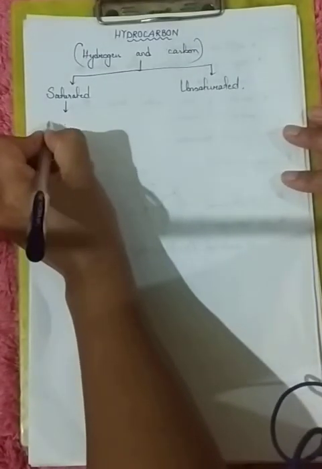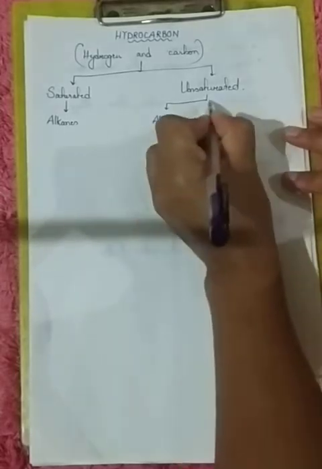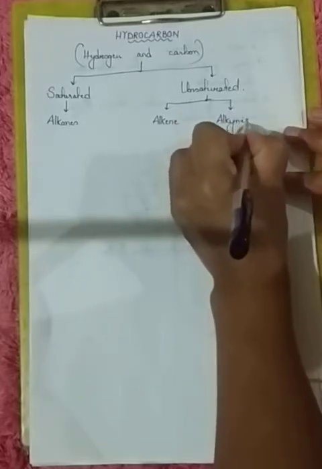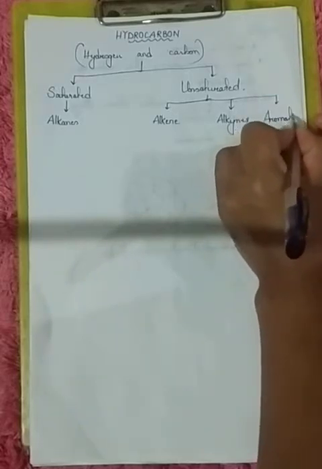Saturated hydrocarbons are further classified into alkanes, and unsaturated hydrocarbons into alkenes and alkynes, as well as aromatic hydrocarbons. The detailed explanation you will be studying in your higher classes, but for now let us just move into the small introductions according to our class 10 syllabus.